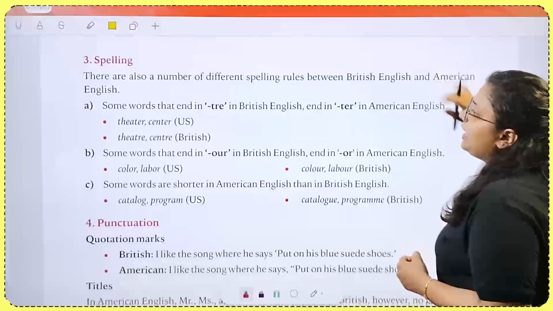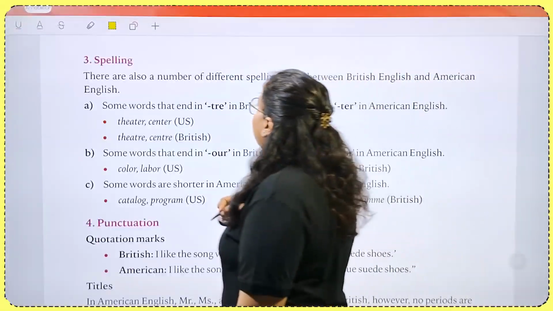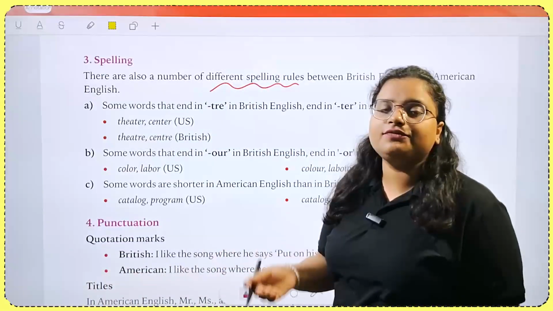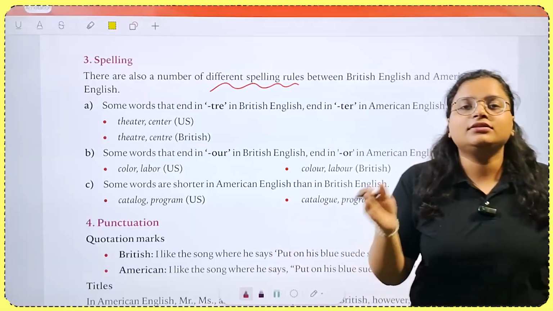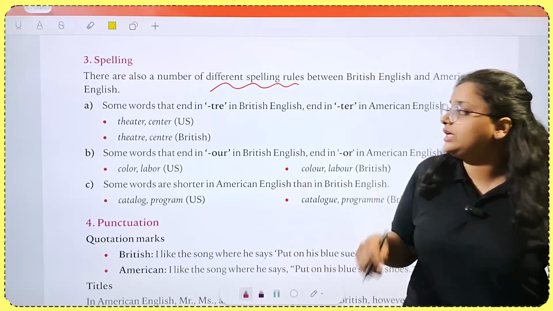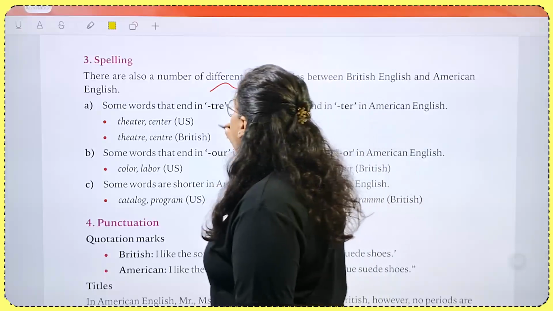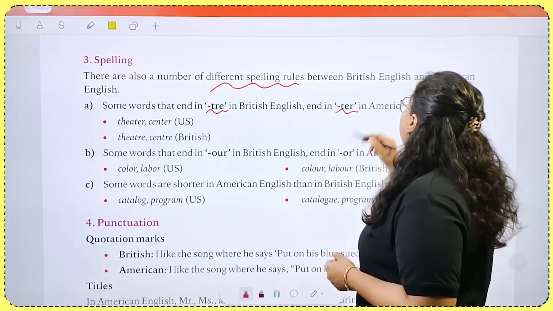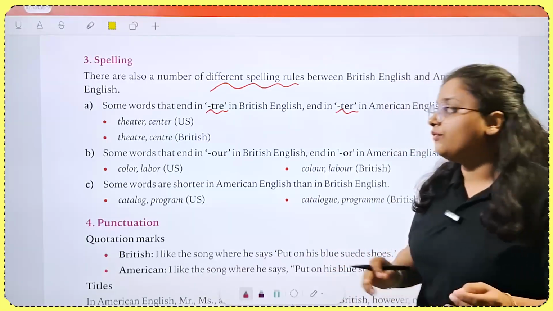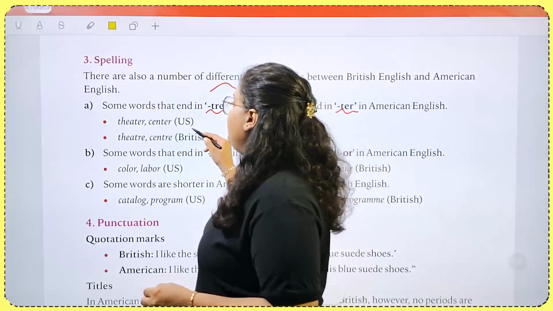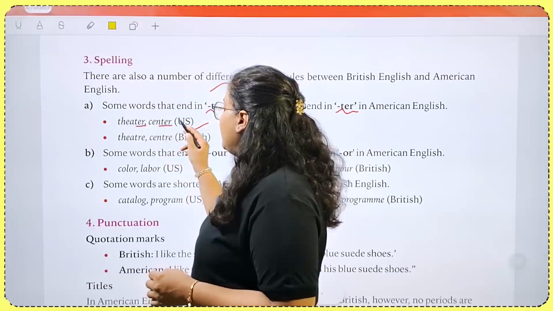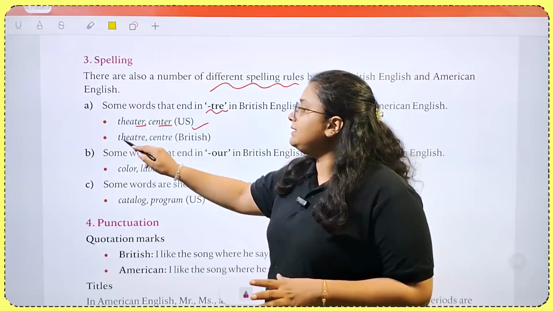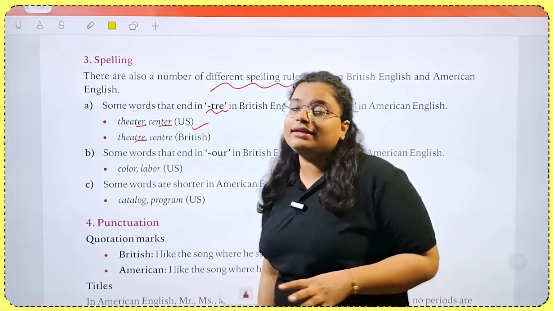Now we have spellings. There are also a number of different spellings between British and American English. Obviously, if you go from one place to the other, the way of writing will also change. Some words that end in RE in British English end in ER in American English, for example theatre and centre in British, theater and center in American.